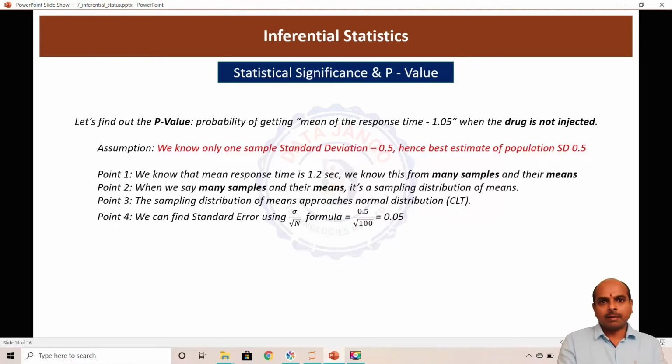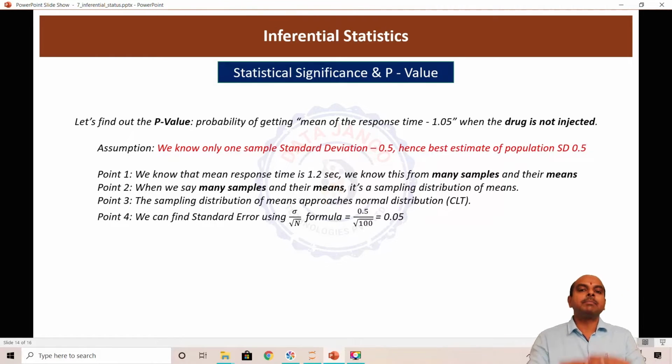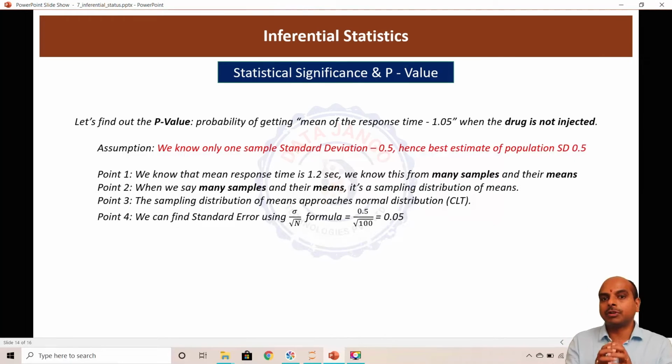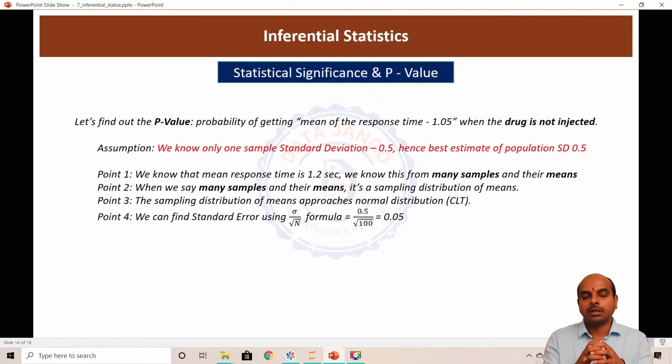From the central limit theorem, we know that when you take many samples and take their means and look at the distribution, it's going to be normal. Right? The sampling distribution of means is going to approach normal distribution from the central limit theorem. So this 1.2 is the mean of all the sampling distributions of means, and it follows normal distribution.